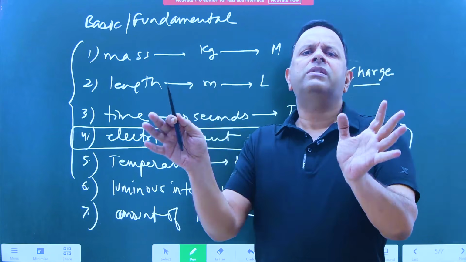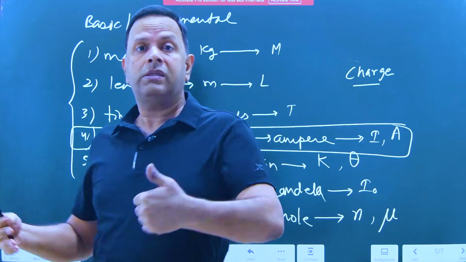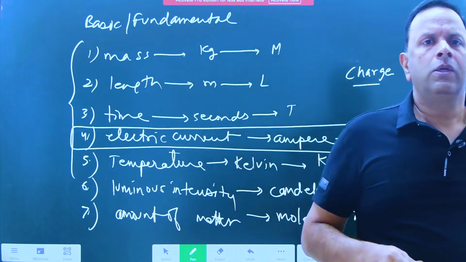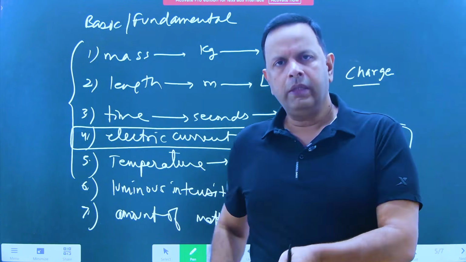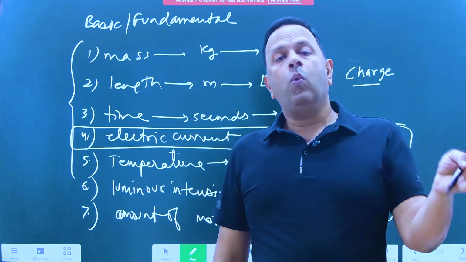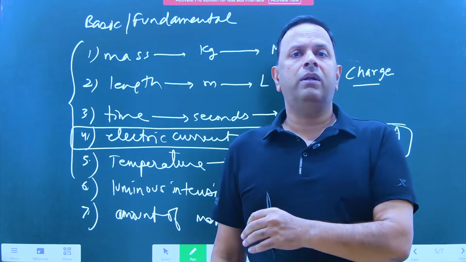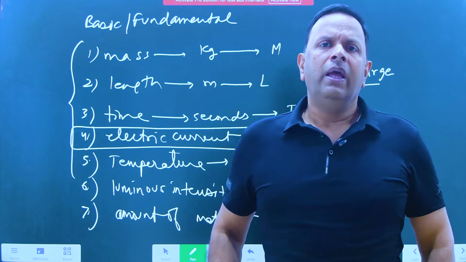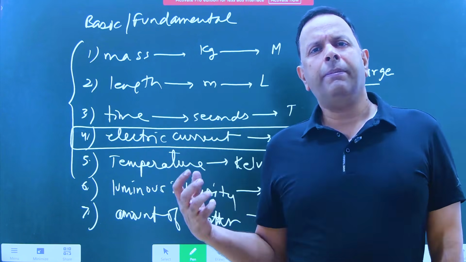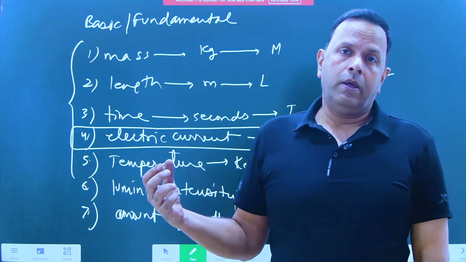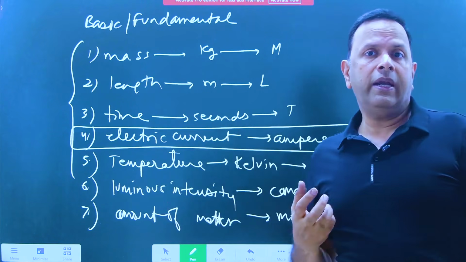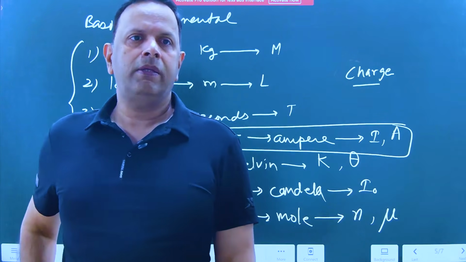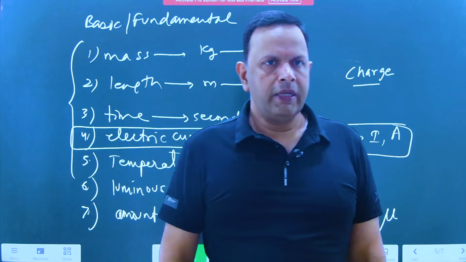Current doesn't fit exactly into that, because yes, current can be defined as charge upon time. So there is a reason why, even though by the fundamental logic charge should be taken as fundamental, we took current. This is actually dependent on the application part. Charges don't create a magnetic field, electric current creates a magnetic field, right?